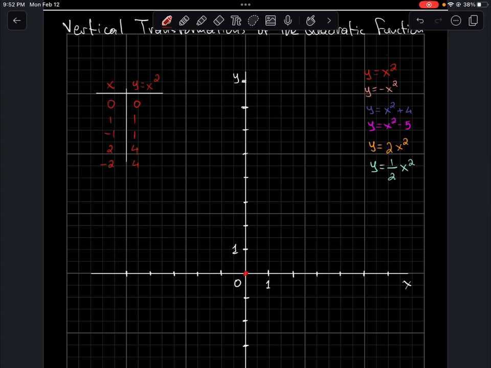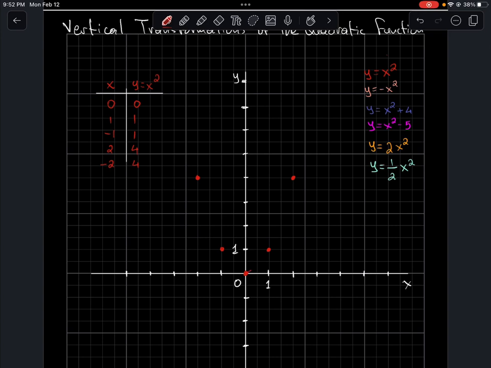That's the 0, 0. Then we have 1 goes to 1 and -1 to 1. 2 goes to 4, which is over here, and -2 goes to 4 also. And these are the points.